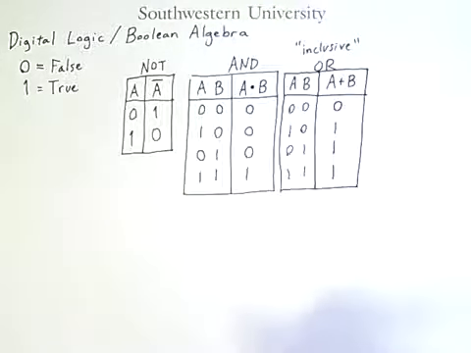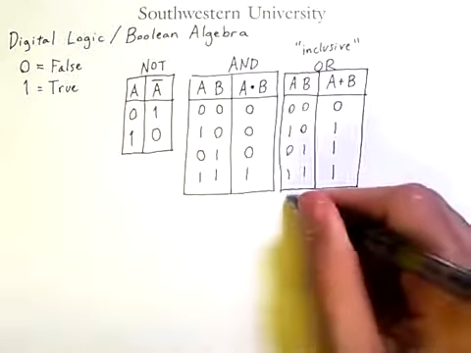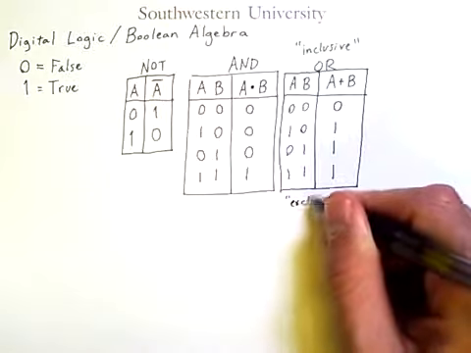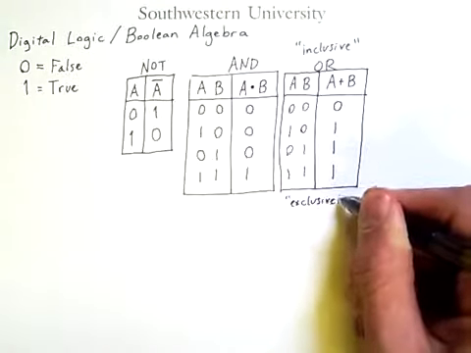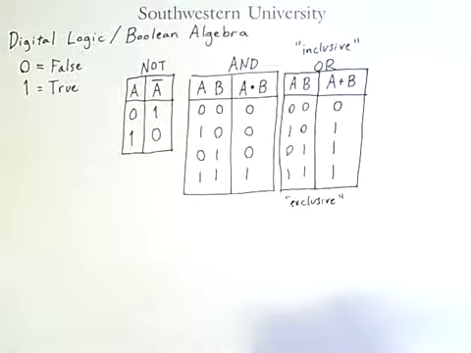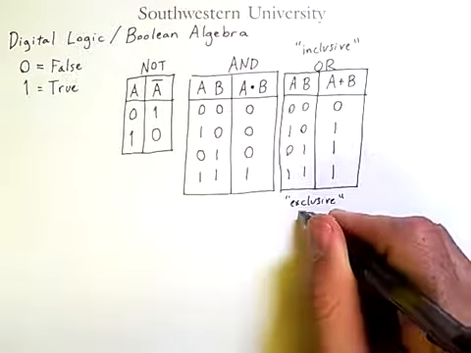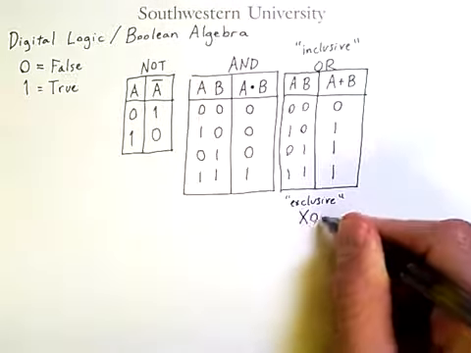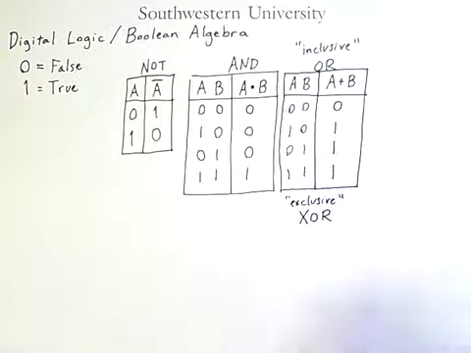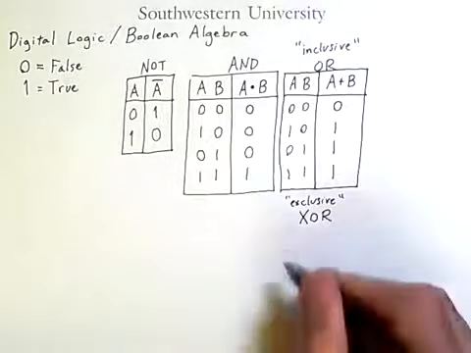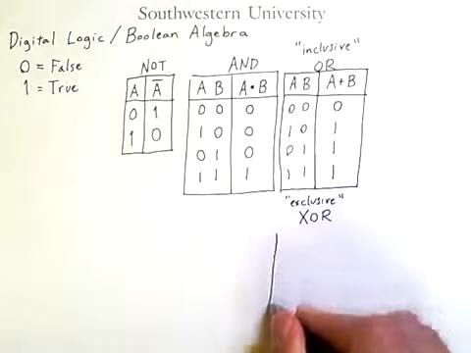In common spoken English, we might also interpret the word OR as being exclusive, meaning that if one thing or another is true, then I would not want to consider a situation true if both of them were true. We sometimes use XOR to denote this operation, which has the following truth table.